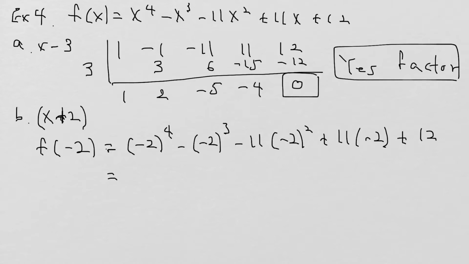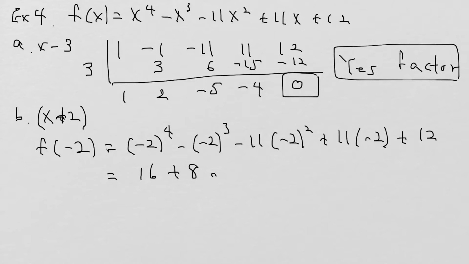If you get any other number than 0, then it's not going to be a factor. So this gives you positive 16, and you get negative 8, but minus negative 8 will be plus 8, adding 8.